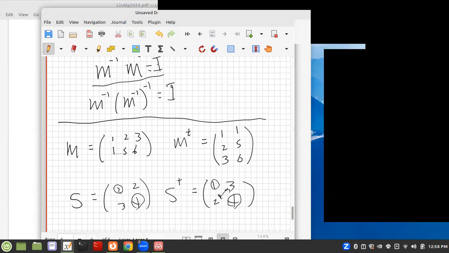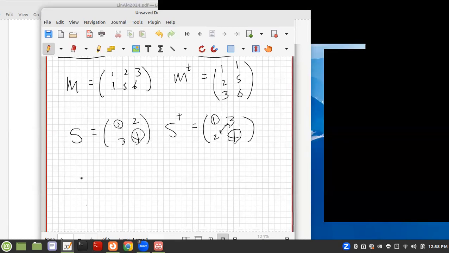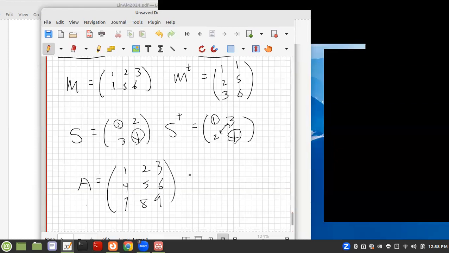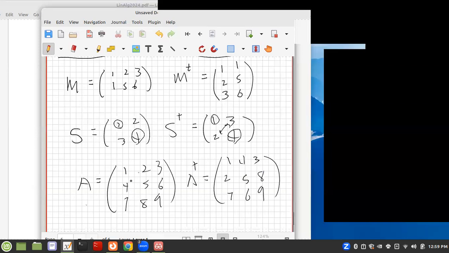So another way of doing a square matrix, 1, 2, 3, 4, 5, 6, 7, 8, 9: A transpose would be where I just keep these the same and swap these two, 4, 2, 3, 7, 8, 6. It takes the upper triangle and flips it across the middle. This works for square matrices. It doesn't work so well for these ones.